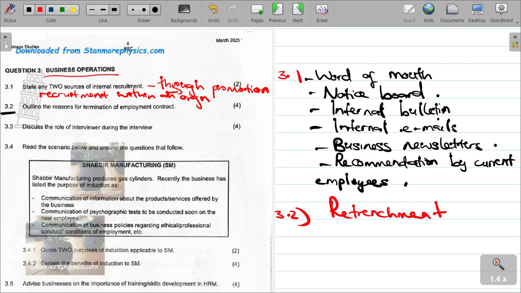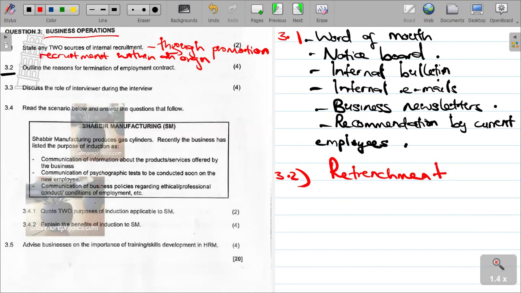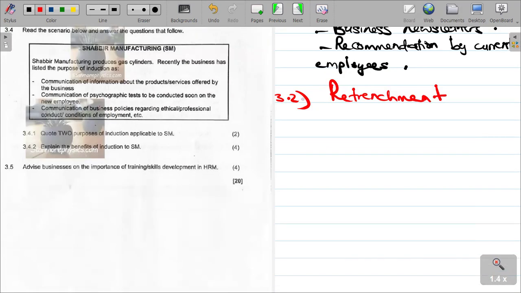He cannot afford to employ employees, so you can retrench them. It might be due to misconduct. An employee had a misconduct.